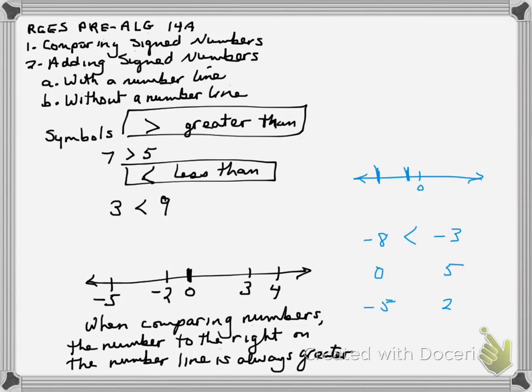Positioning again, I'm thinking 0 and I'm thinking 5. 0 would be to the left of 5. And positioning again, I'm thinking negative 5 and positive 2. And again, negative 5 is to the left of 2. So go ahead and do those problems.